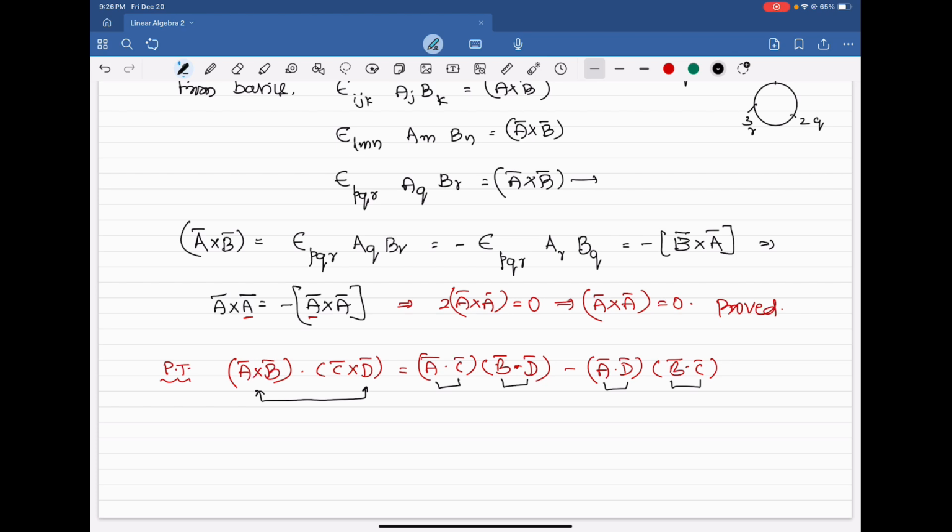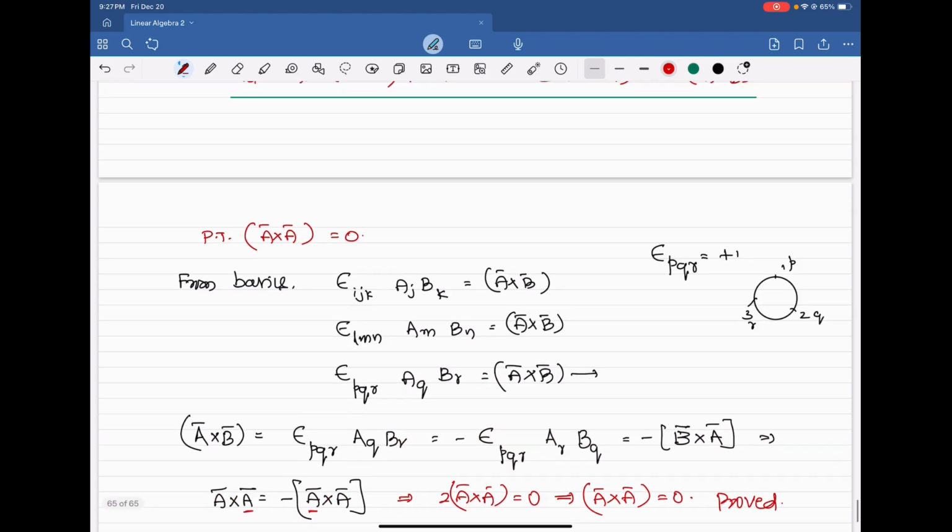And another also we can prove. This is the second problem we will be proving, and the third problem in the next class: A dot B cross C is equal to C dot A cross B. Vector triple product, scalar triple product, and another also we can prove, the vector triple product that I have already written.